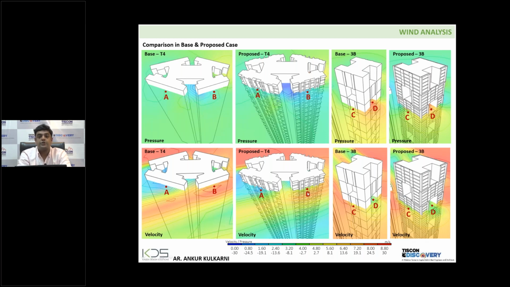But with the introduction of this design, or I would say vertical fins and horizontal sections, it actually dropped down from 6 to almost, this yellow color is somewhere close to 4.8 to 5.6. इतना reduction तो कर पाए because this is at a very high level. This is somewhere close to 180 to 200 meters or so.